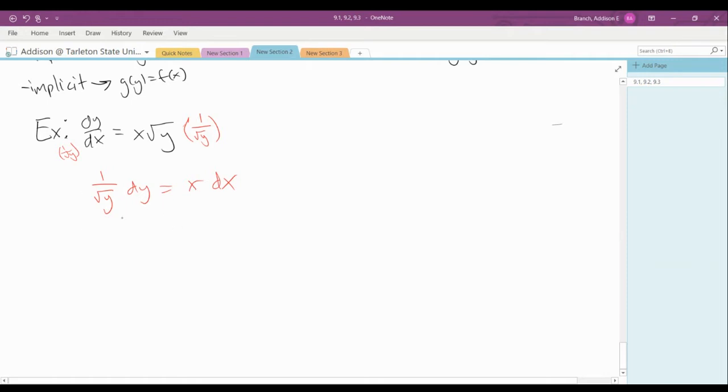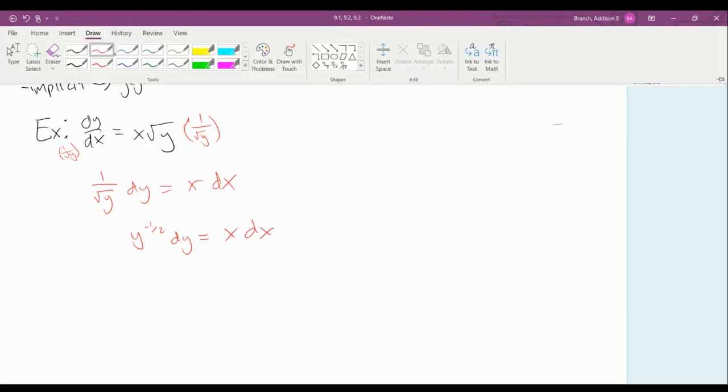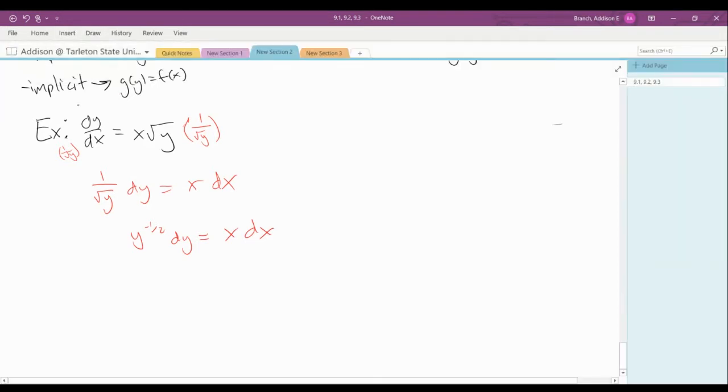I'm going to personally rewrite that as y to the negative 1/2 just to make that easier to integrate. So we're in the right spot. We have our x's and our y's all on the same side together. So now we need to integrate both sides.